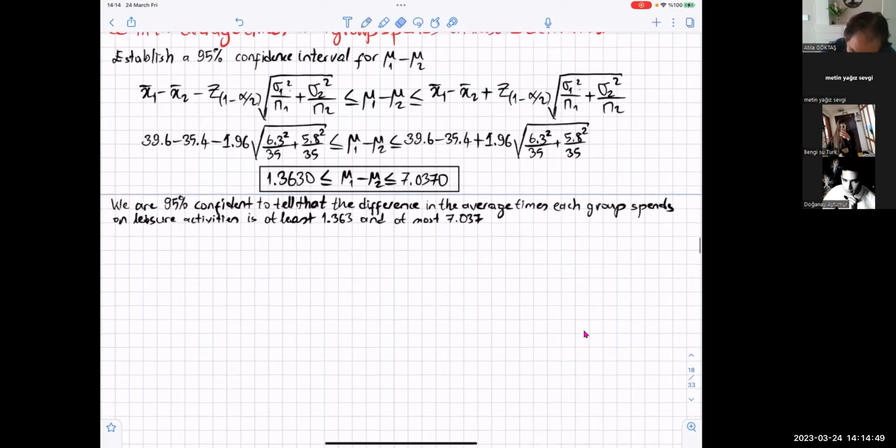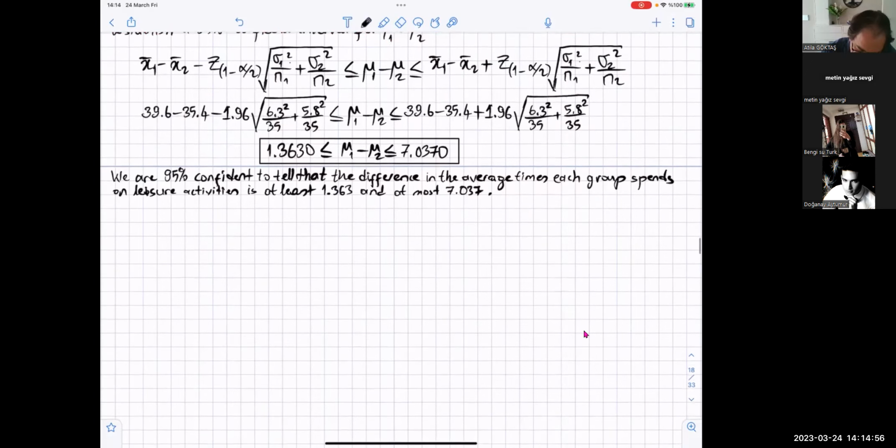This is what we can tell from the confidence interval. That's the interpretation.